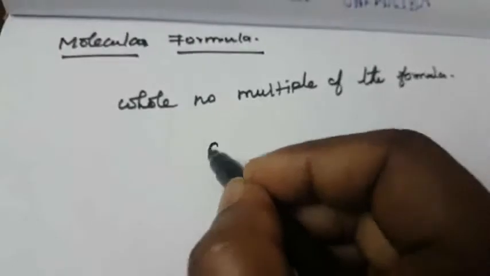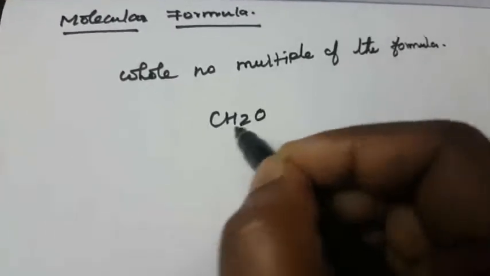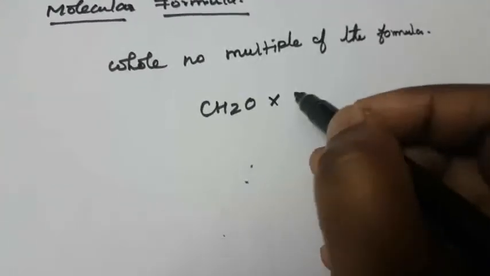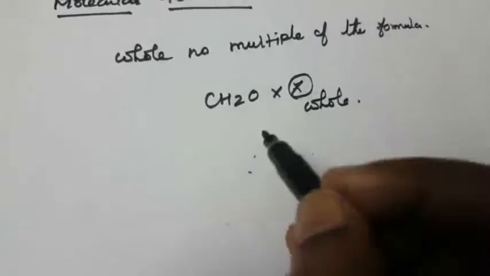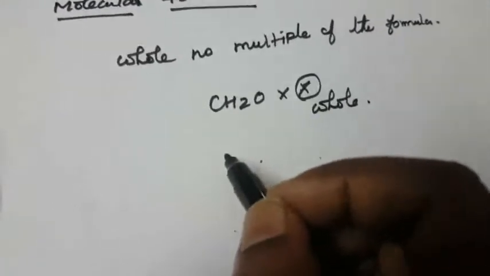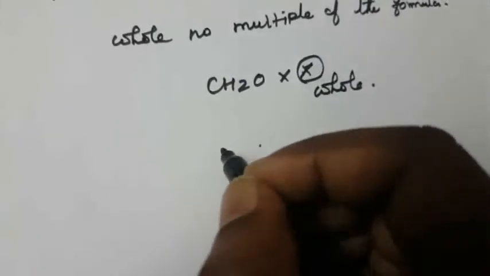Suppose this is the molecular formula and this is the empirical formula. We calculate it by multiplying by x, and this x is a whole number. So x is n. The whole number n can be calculated from the molar mass of the compound.